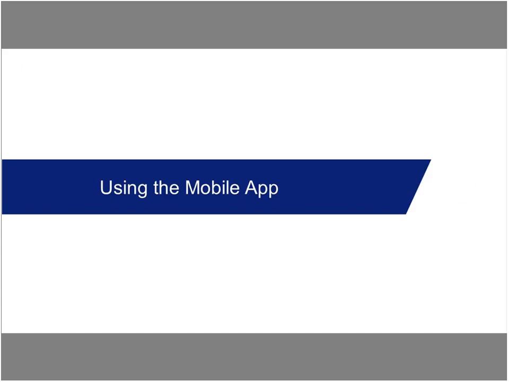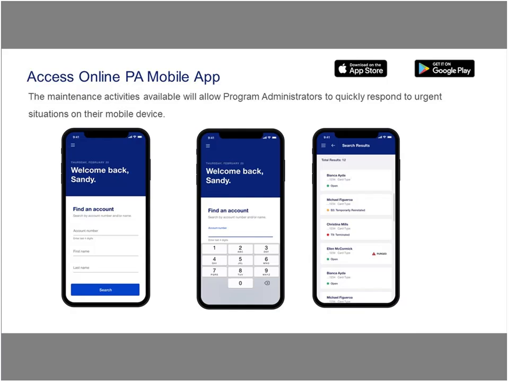Okay, let's touch on the mobile app for a moment. There are some functions that you can do as a program administrator through the mobile app. And it is available, of course, in the App Store for your provider. It would just be Access Online, and you would be able to find it quickly in your App Store. And here's what the login and account search page looks like.